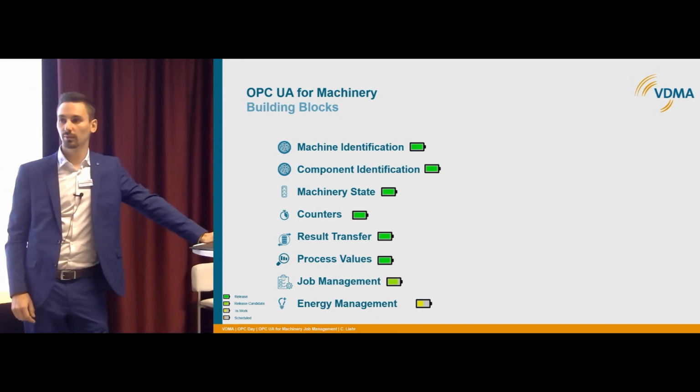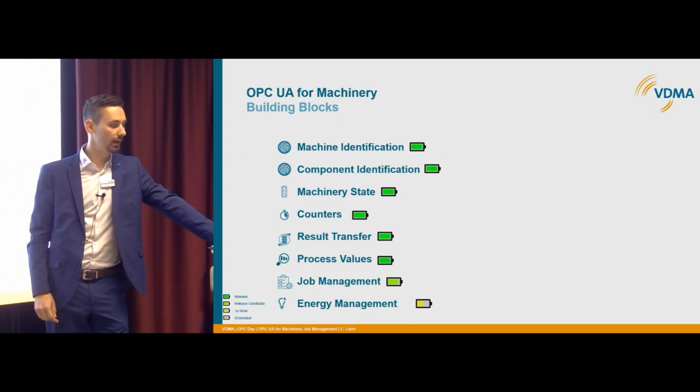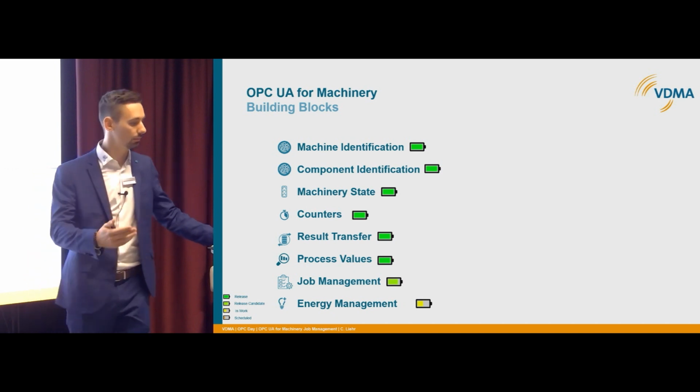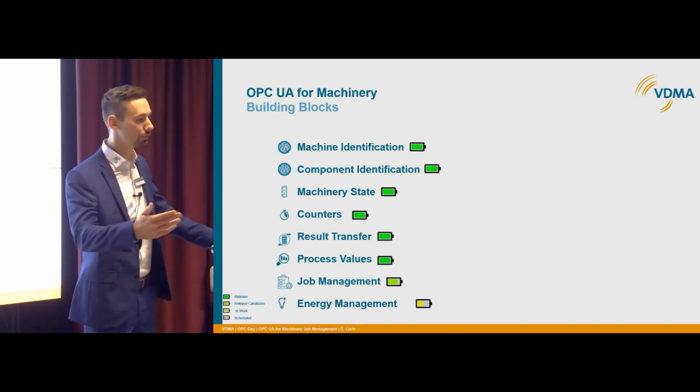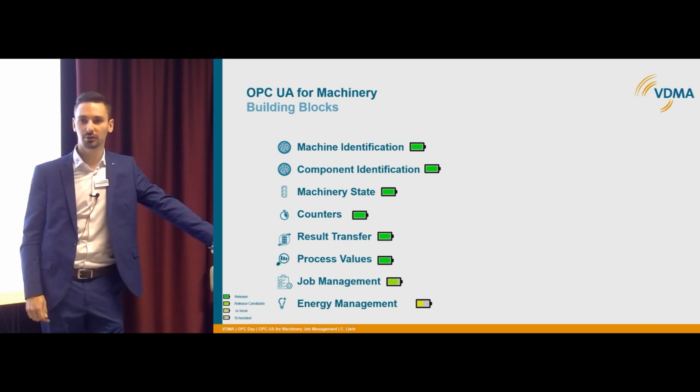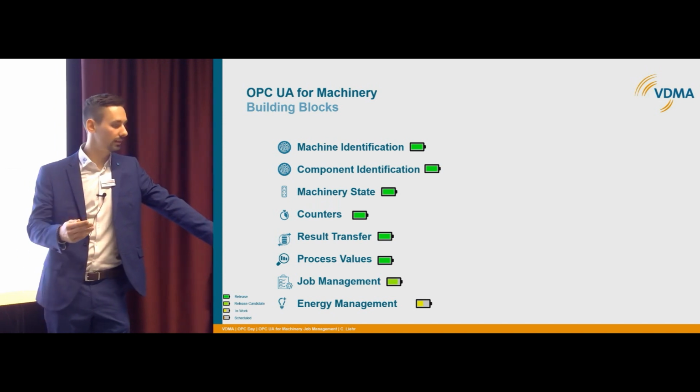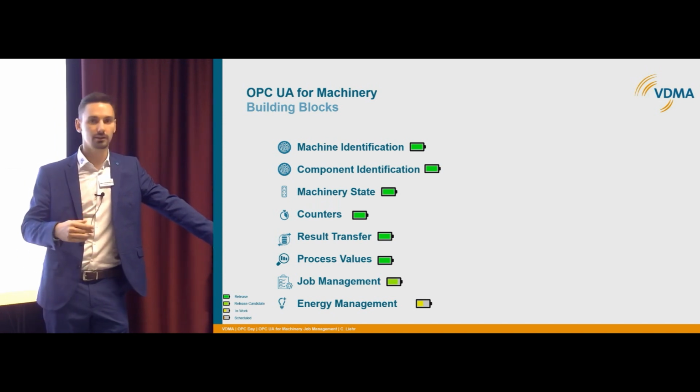The second building block of the machinery specification is the machinery state. It contains two state machines, the machinery item state and the machinery operation mode. The machinery item state machine provides information about the machinery item, and the states are not available, out of service, not executing, and executing.